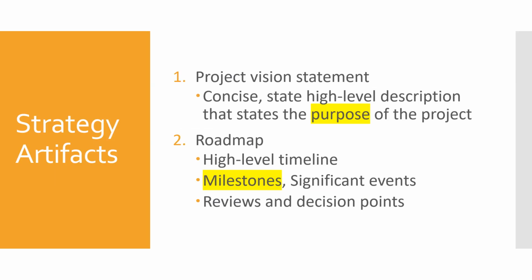Then the last two strategy artifacts that get discussed in PMBOK 7 are the project vision statement and roadmap. The project vision statement is concise, and it talks about the purpose of the project.